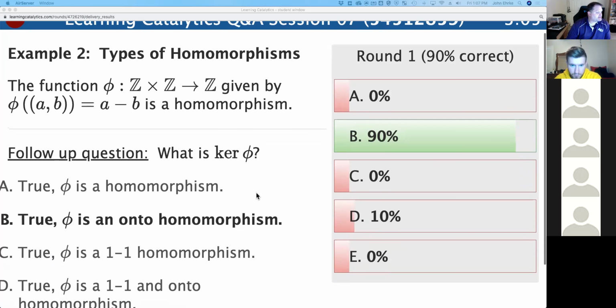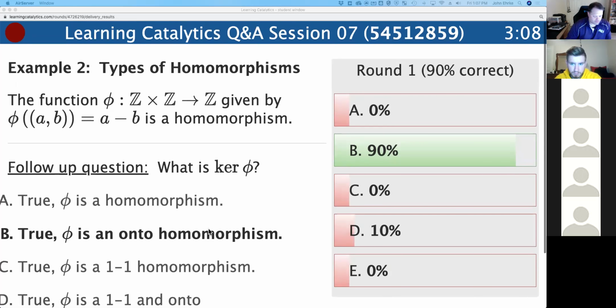The correct answer is B. This is an onto homomorphism.